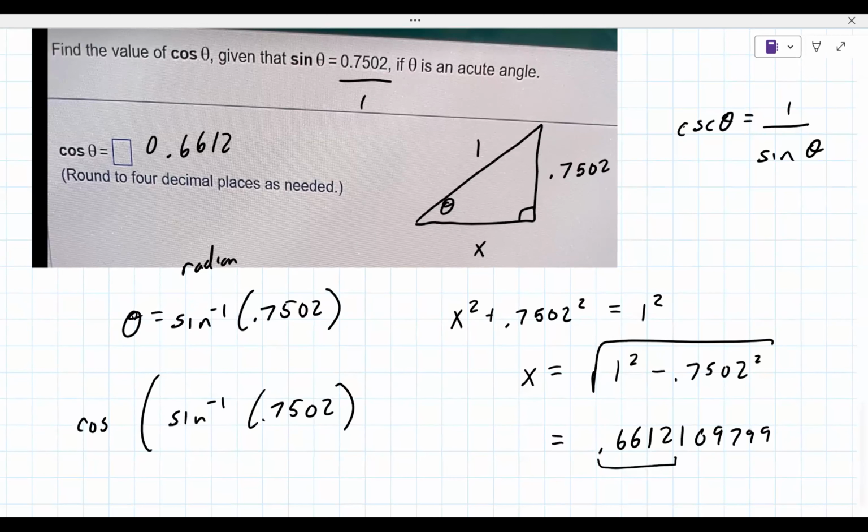Sine inverse of 0.7502 ends up being 0.84884-ish. If you take the cosine of that value, you will get 0.6612.